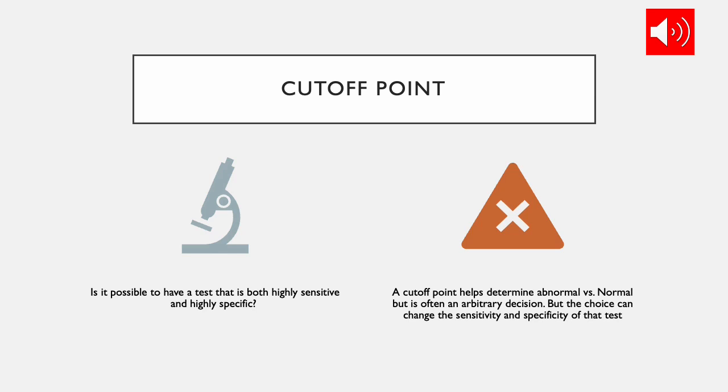But when you're starting off with new tests, sometimes you choose a value and research it and play with it until you find what patients respond to best in terms of how we treat or not treat certain values.